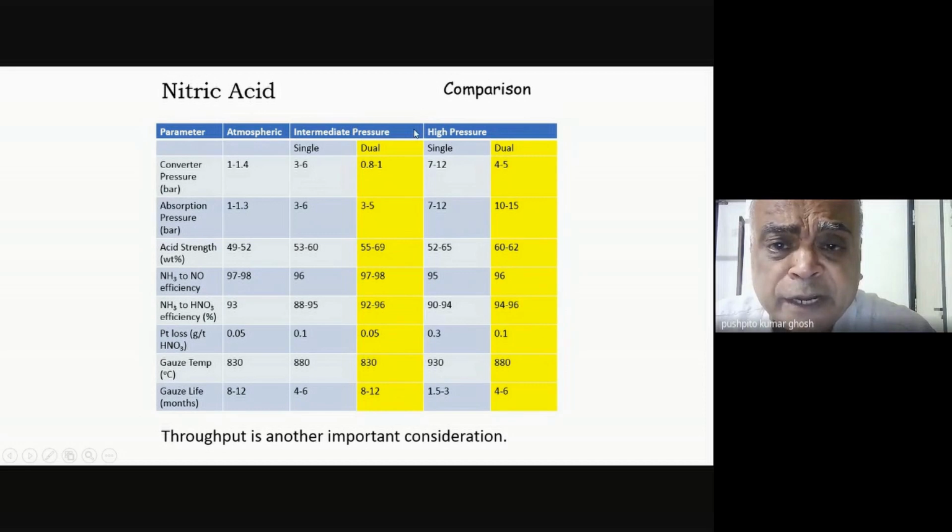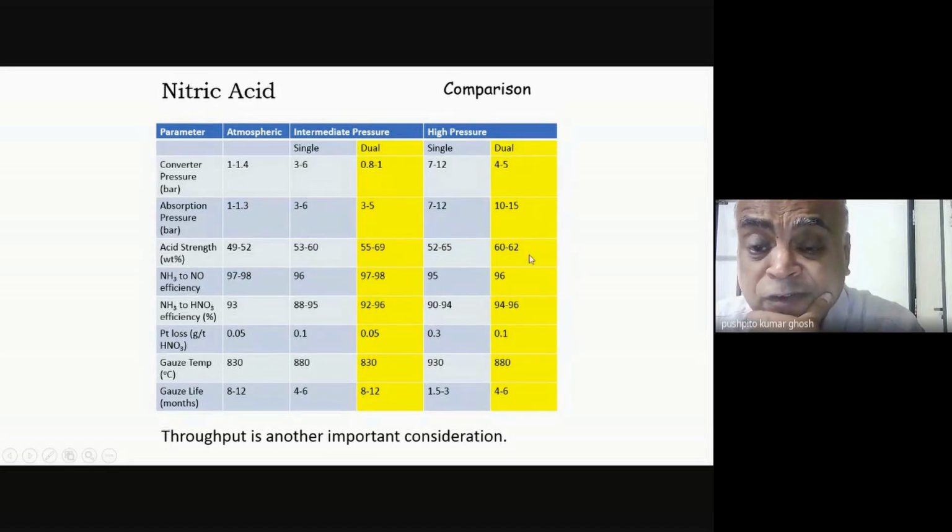There's also an intermediate pressure process and the high pressure process. High pressure is where I initially pressurize my feed gases and take it all the way through, or you do it in two steps, like I showed you, first at about 4 to 5 bar pressure and then later on at about 10 to 15 bar pressure.